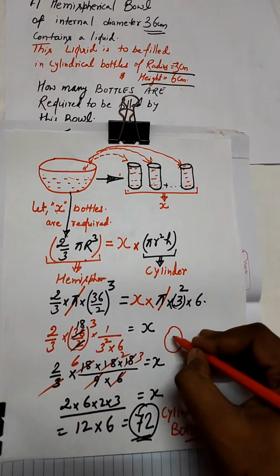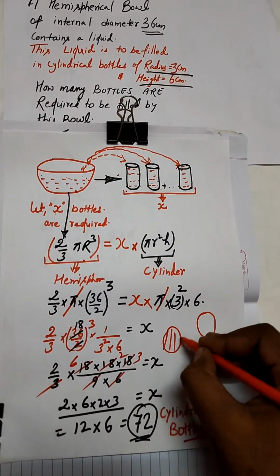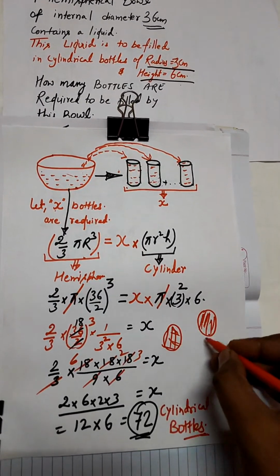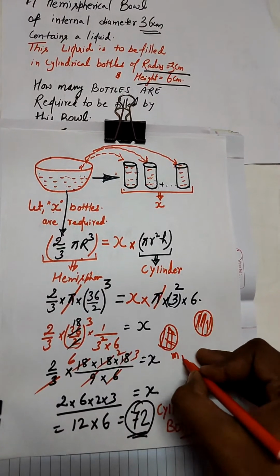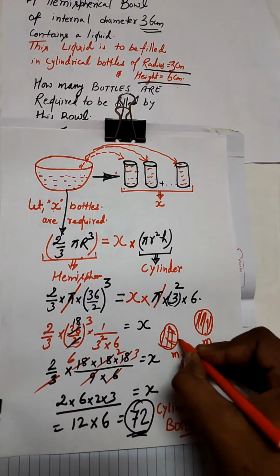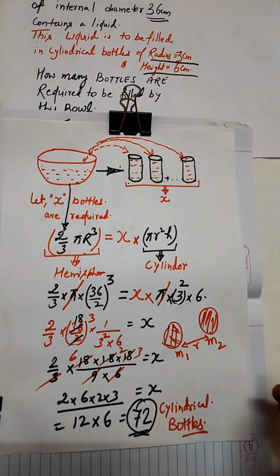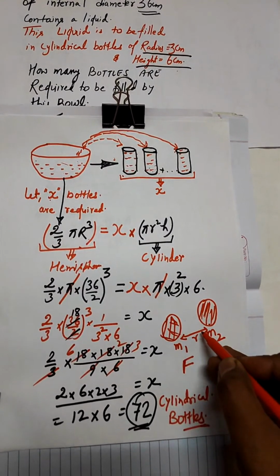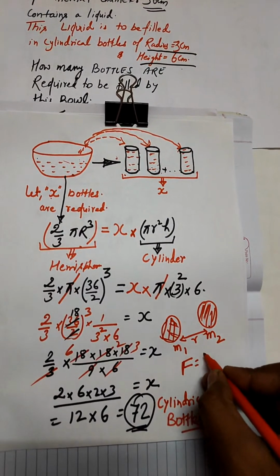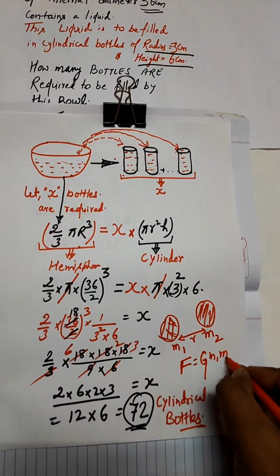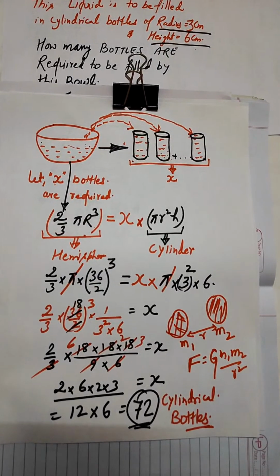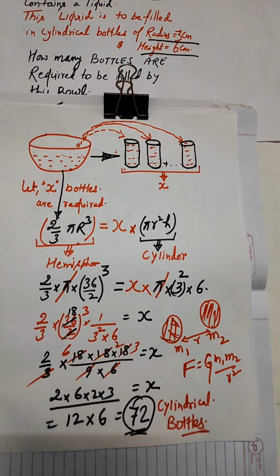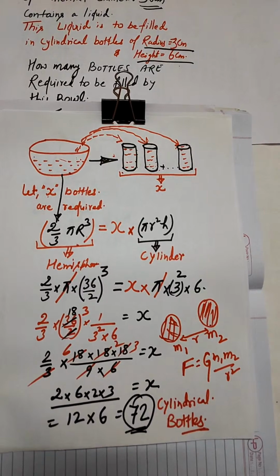Whenever any two bodies in this space, atmosphere or universe are kept at a distance of r from each other, there will be a force exerted by both the masses on each other, whose magnitude is equal to G m1 m2 by r square, right? This is the calculation in gravitation.